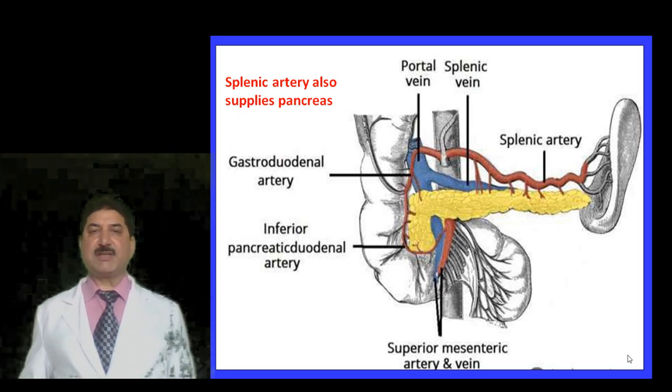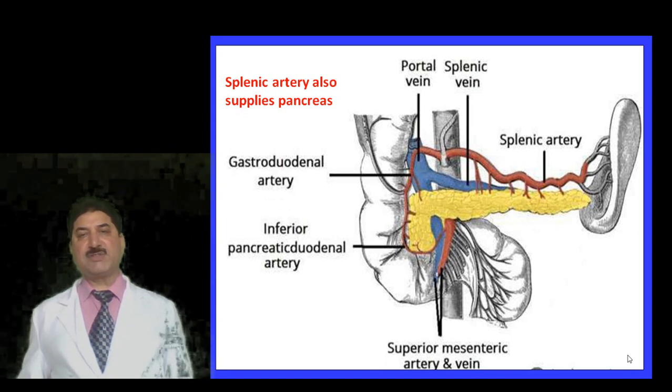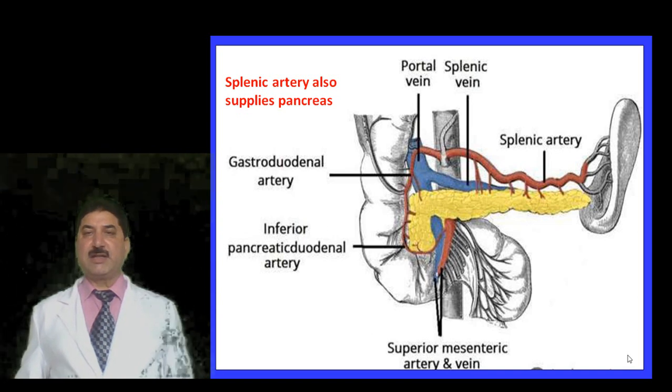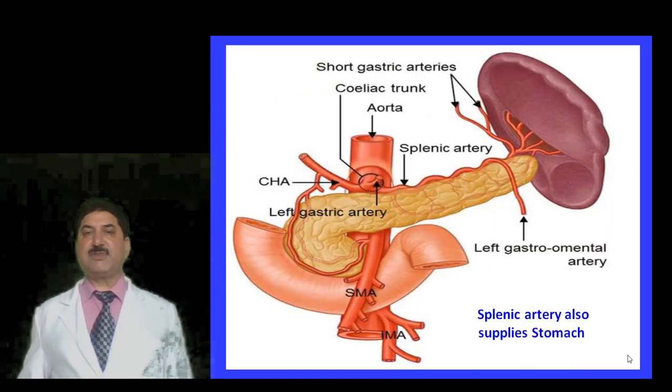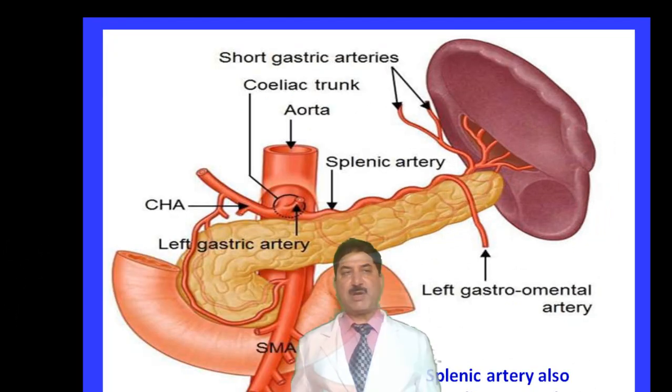Before reaching the hilum, splenic artery gives branches to pancreas. One of the branches is larger. We call it arteria pancreatica magna. Then, before dividing at the hilum, this artery also gives branches in the form of left gastroepiploic for stomach, and short gastric arteries for fundus of stomach.